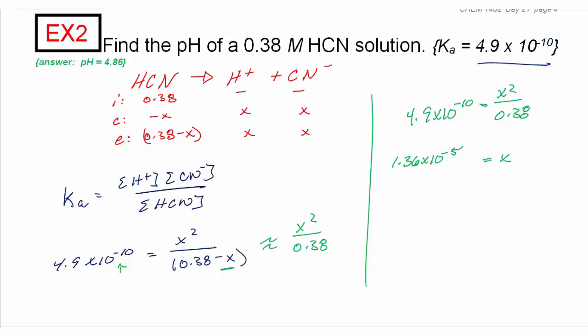And my hydrogen ion concentration is x, so pH would be the negative log of 1.36 times 10 to the negative 5. That's my hydrogen ion concentration. About 4.89.